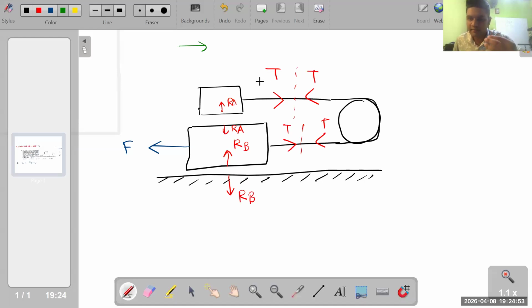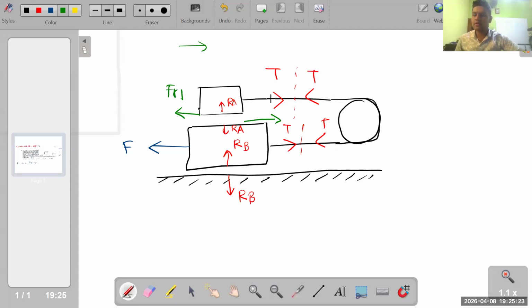Frictional forces, what do they do? They will be opposing the motion, which means if the mass is moving in the right direction, the frictional force would be acting in the left direction. So there would be a frictional force exerted on the mass by this surface in this direction. I'll mark it as frictional force 1, right? If this surface is creating a frictional force in this direction, this mass will create another frictional force in this direction.